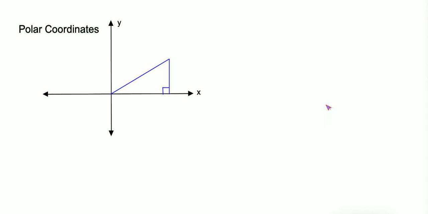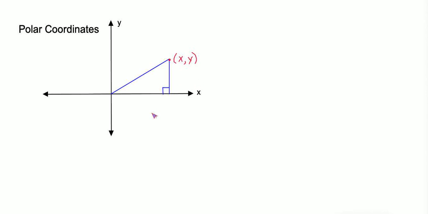Now, that was a great example, but now I want to look at it in a general sense, because we're going to need some way to change from rectangular to polar coordinates and also to change from polar to rectangular coordinates. So this time, instead of my specific example, I'm going to say that this is the point (x, y).